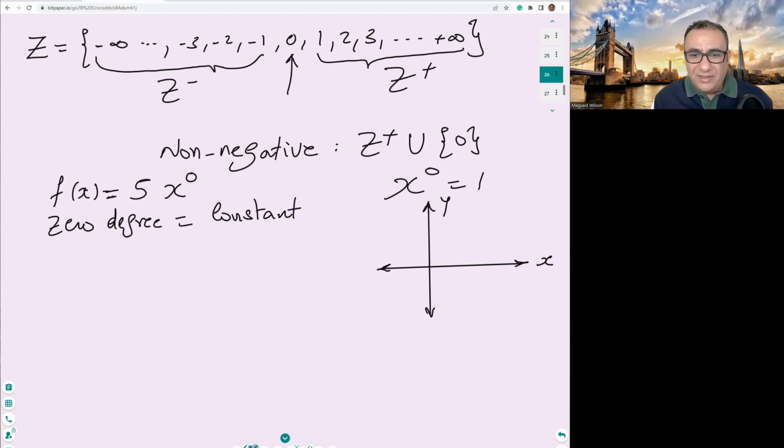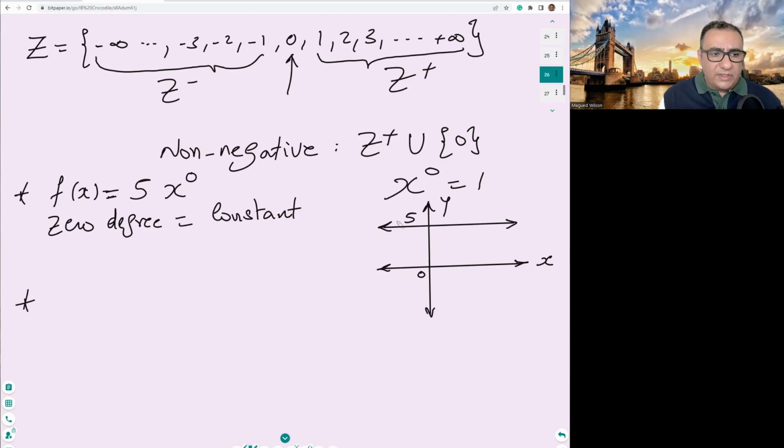So that's why the sketch of this function is very simple. It's just a horizontal line parallel to the x axis at y equal 5, right? Because at any value, y equal 5. You put x equal 1, you hit y 5; x equal 10, y equal 5; x equal -3, y equal 5. Constant function, 0 degree polynomial. Okay.